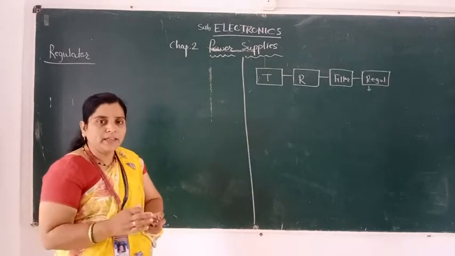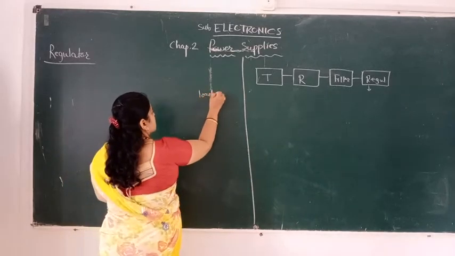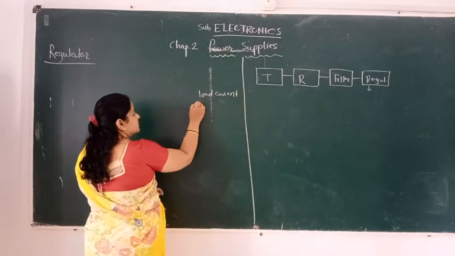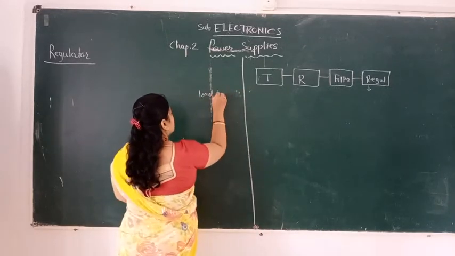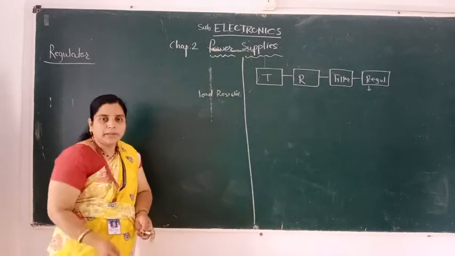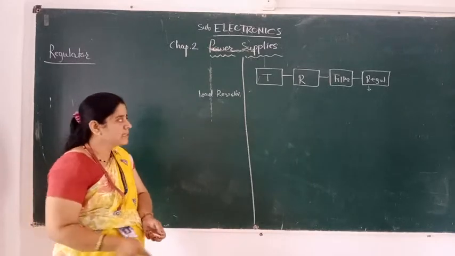It may vary due to the load current or load resistance RL, or because there is a variation in the AC supply.